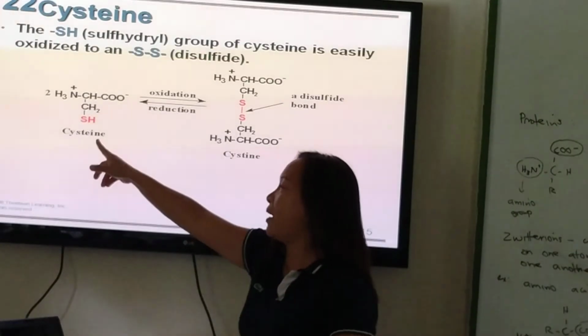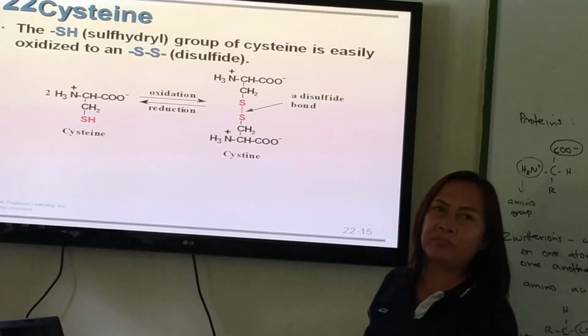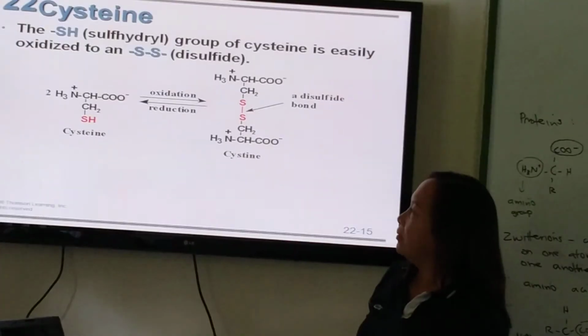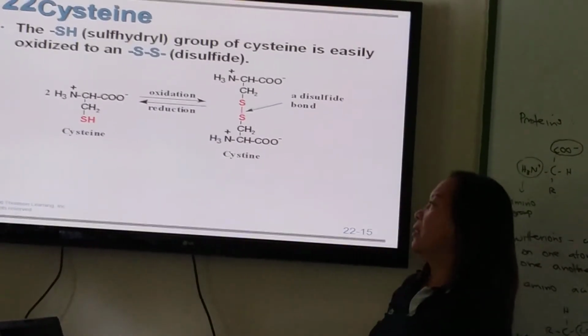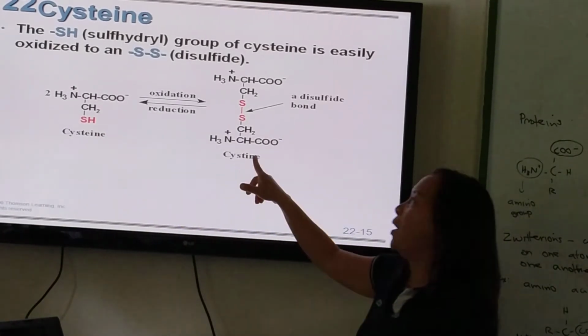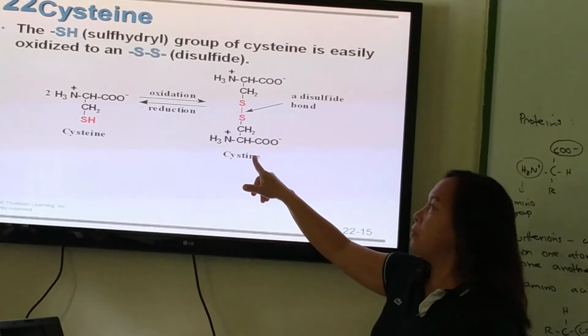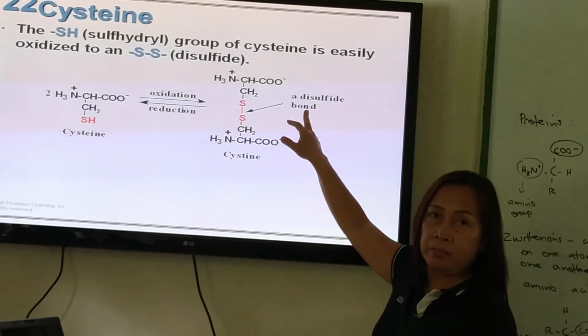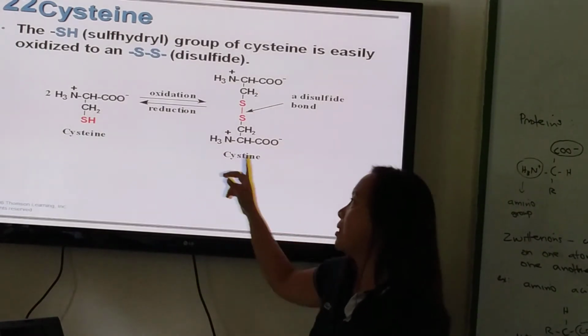This one is cysteine, and this one is cystine. Here we only have one sulfur. This one has two sulfur groups bonded together by a disulfide bond. Oxidation. Cysteine.